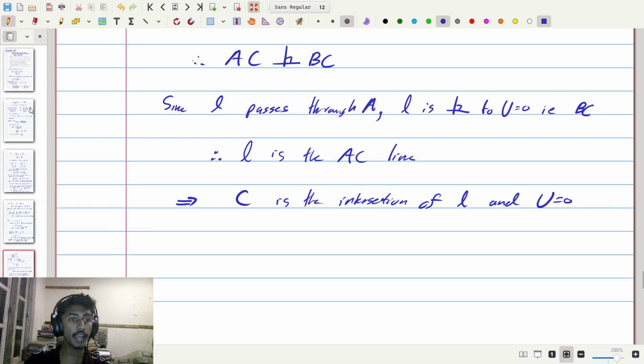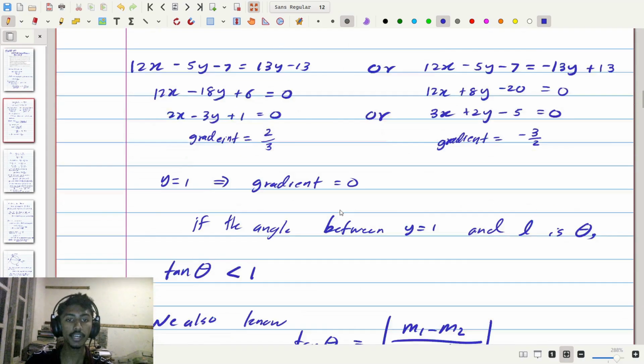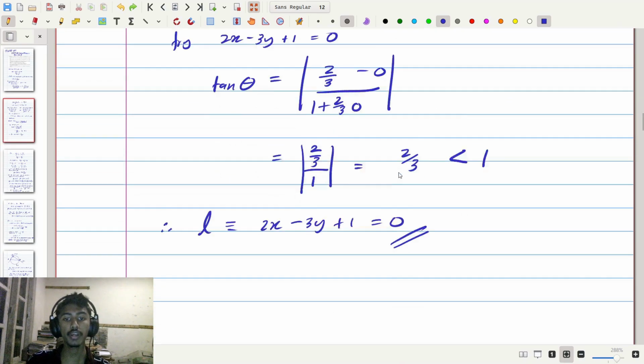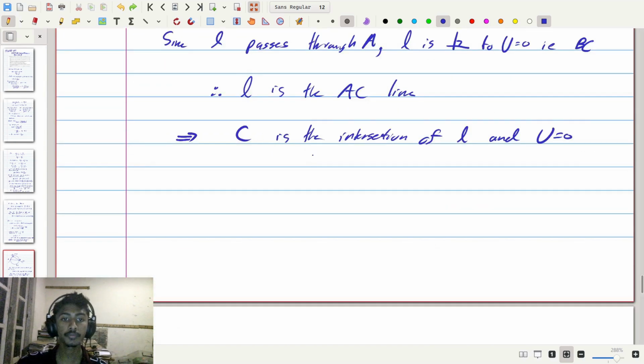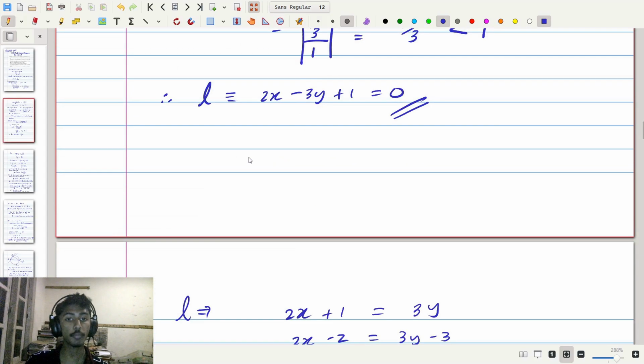Now considering line L was the line 2x minus 3y plus 1 equals 0, according to that, 2x minus 3y plus 1 equals 0 must be satisfied by the coordinates of the point C. So if we substitute the coordinates of C into here, we should get a correct equation.